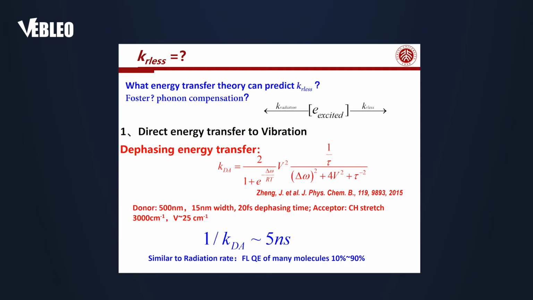The estimation results are consistent with fluorescence measurements. Many organic molecules have a fluorescence quantum yield of around 10% to 90%, and typically more than 50%, which indicates that the non-radiative decay rate should be of the same order as the radiative decay rate, but slightly faster.